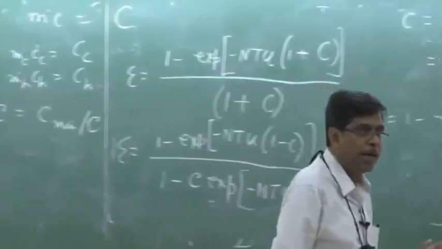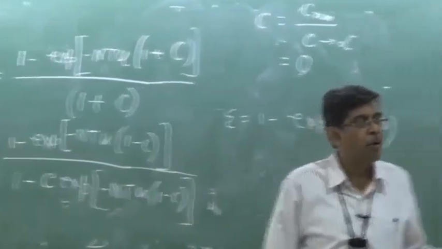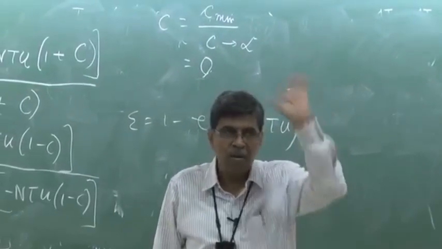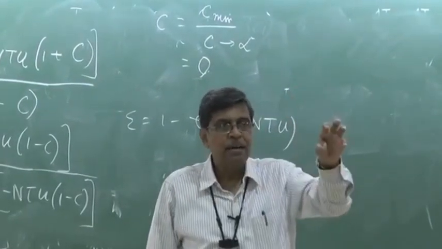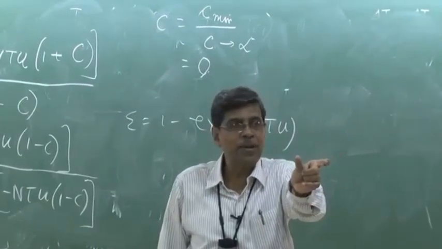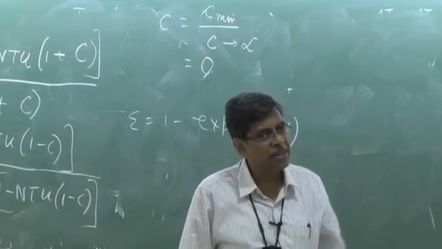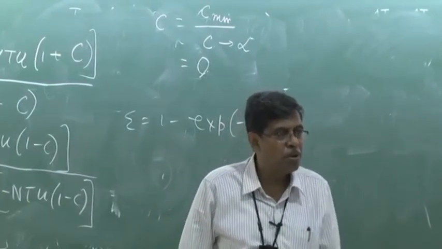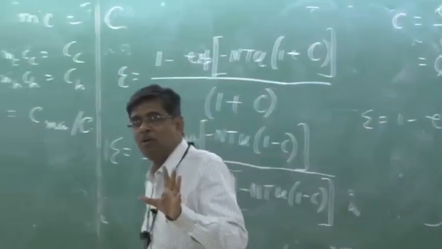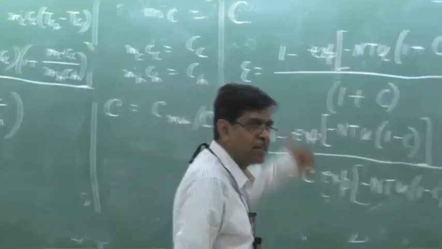Any problem? Okay. So we can find out the epsilon, and whenever we find the epsilon, with TH1 and TC1 known, it works. Then from the definition of epsilon, I can find out the temperature difference of the minimum fluid. That means the heat load will come. The temperature difference of the other fluid will also come. So where rating is done, where heating load and cooling load are not known but size is given, the NTU epsilon method is an explicit method.